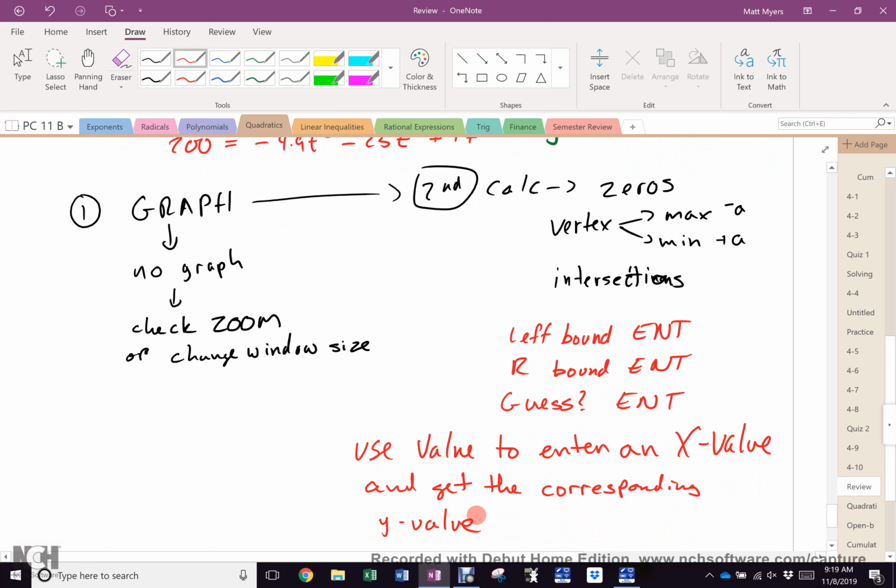Okay? Which, of course, is useful mostly for checking, right? Or you have a question like, how high is the balloon at 17 minutes? Well, once you've graphed it, you can push second calc value, x equals 17, because time would be on the x. And then you'll get the height right away. You don't have to trace along the parabola to find where x is 17. Everybody cool?